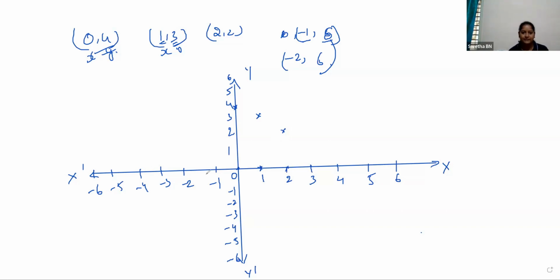On the x-axis, mark at -1, 5. Next, x is -2, go towards left, -2, 6. And after marking all the points, you can join all the points, children.